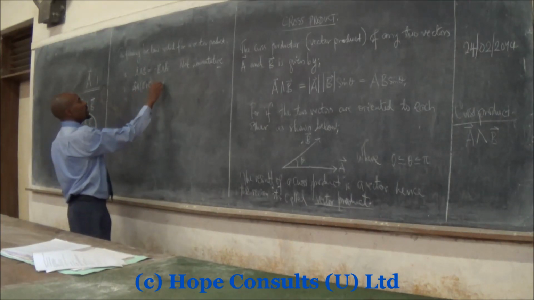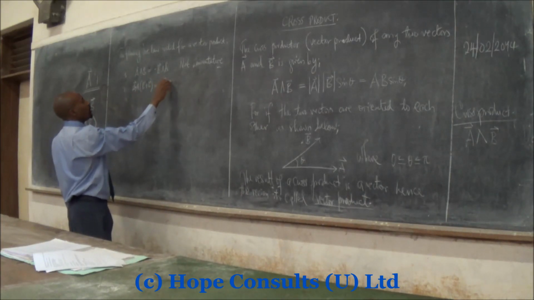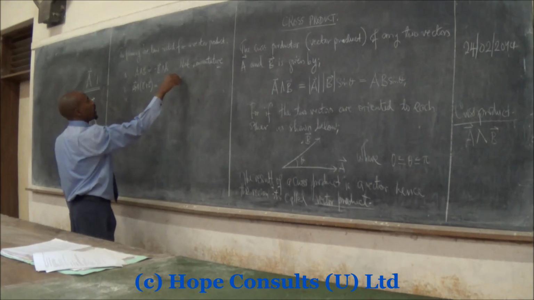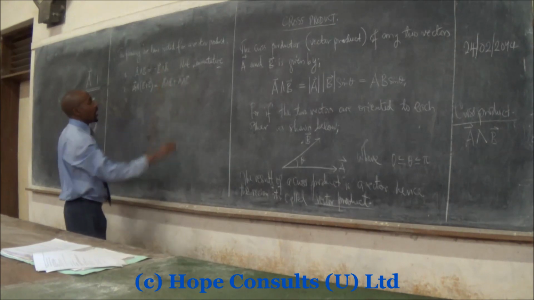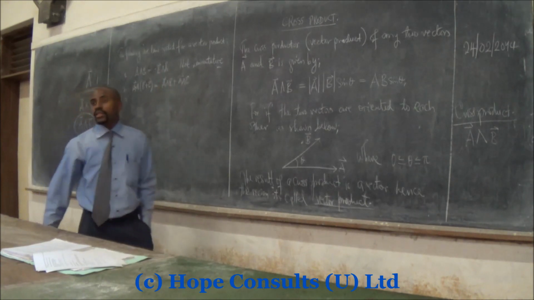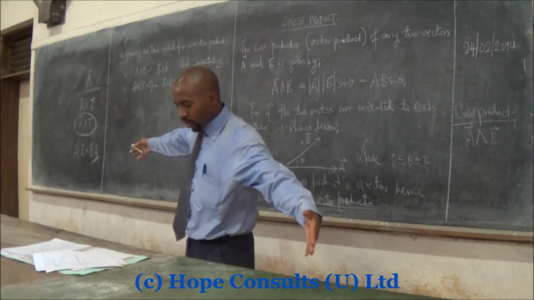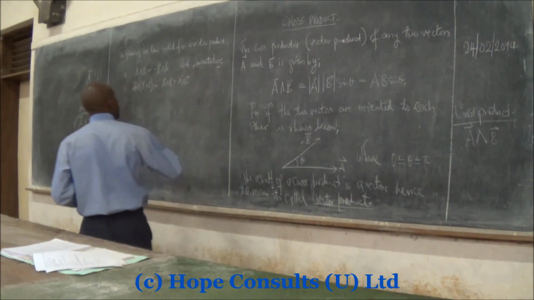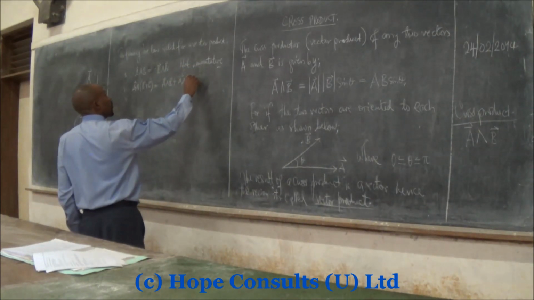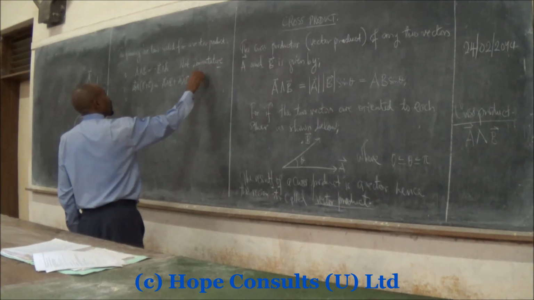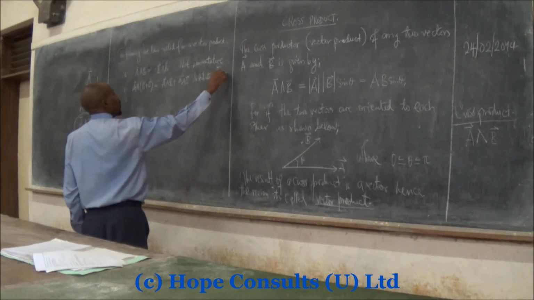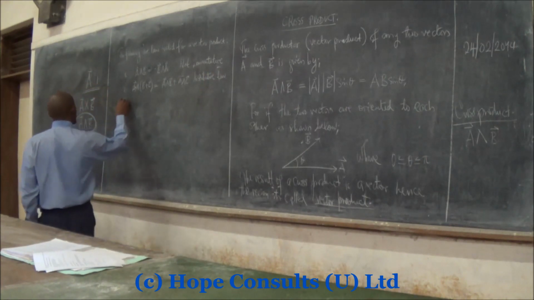This would be the same as A cross B plus A cross C. And indeed, we say that it can be distributed across. So this is the distributive law.